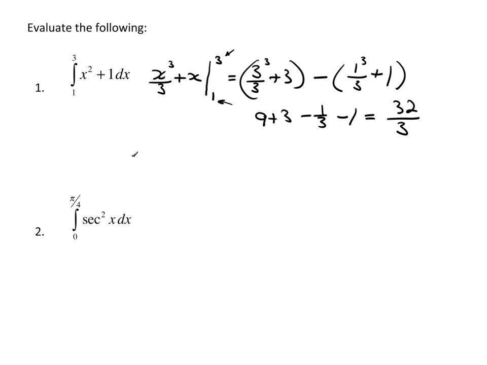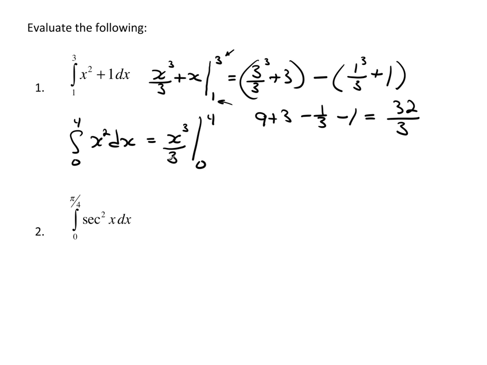Earlier, we took a look at a Riemann sum to estimate the area under the curve of x squared from 0 to 4. And we used a Riemann sum of n equals 20 to do an approximation. We looked at the left endpoint, the right endpoint, and then the midpoint. Now, using this technique, what I'm going to get is x cubed over 3 evaluated from 0 to 4.